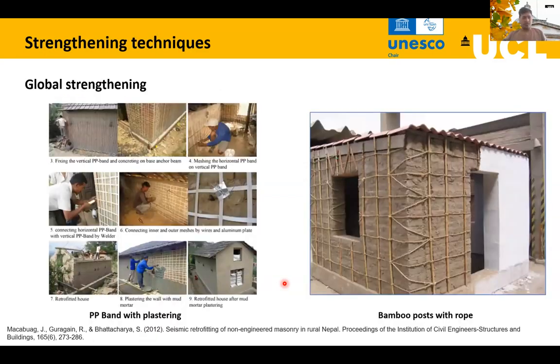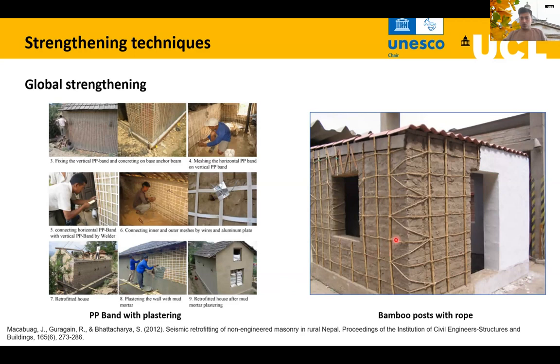In terms of global strengthening, so these are low-cost practices, as you can see, PP bands, and so on Adobe buildings. So PP bands, mesh all over the wall faces, and then plastering, also using the mud.